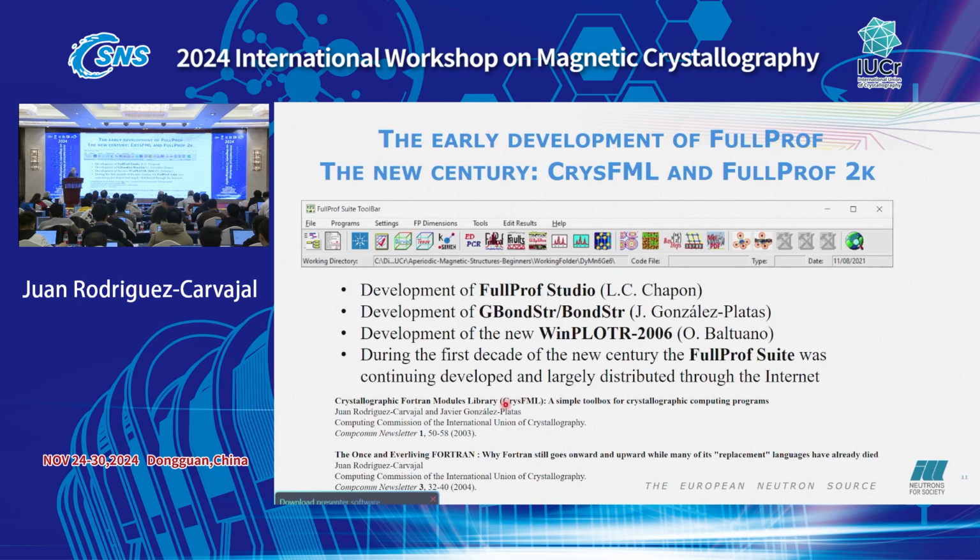We developed together with Laurent Chapon FullProf Studio. Together with Javier González Plata, we improved at that moment GBondSTR and BondSTR, and then a new WinPlotr 2006 with Oscar Baltuano, who is a Peruvian guy working in the reactor they have in Lima.